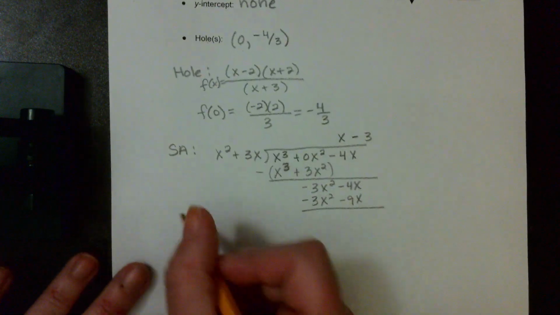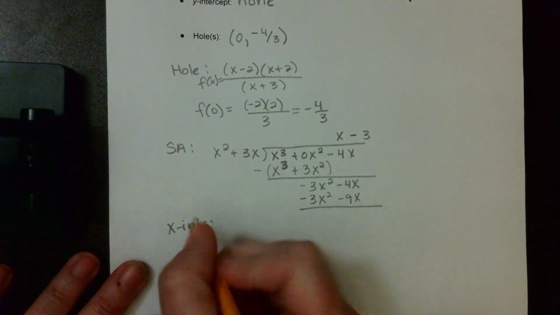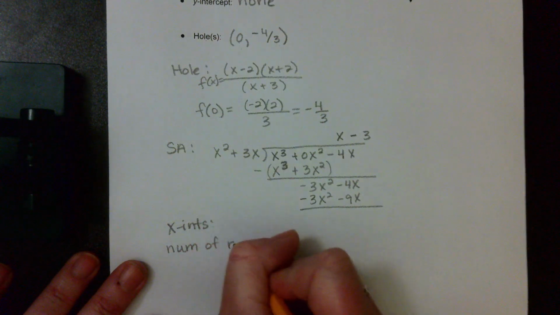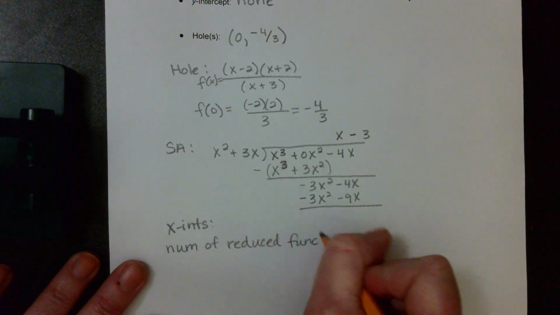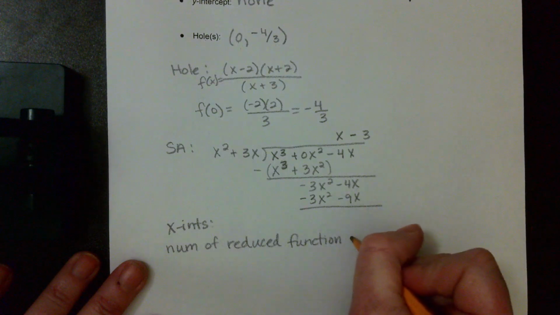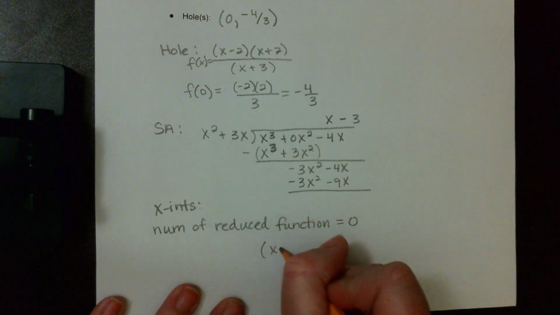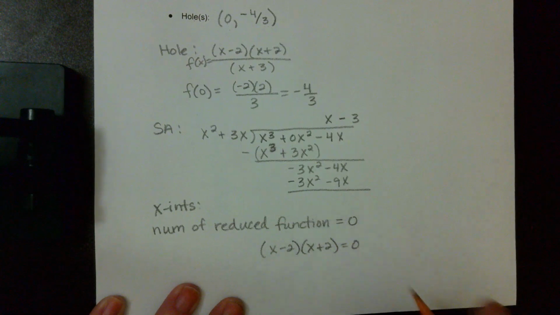Again, if you need to do that out for our x-intercepts, you're always setting the numerator of the reduced function equal to 0. Okay, so here I would have x minus 2 times x plus 2 equals 0.